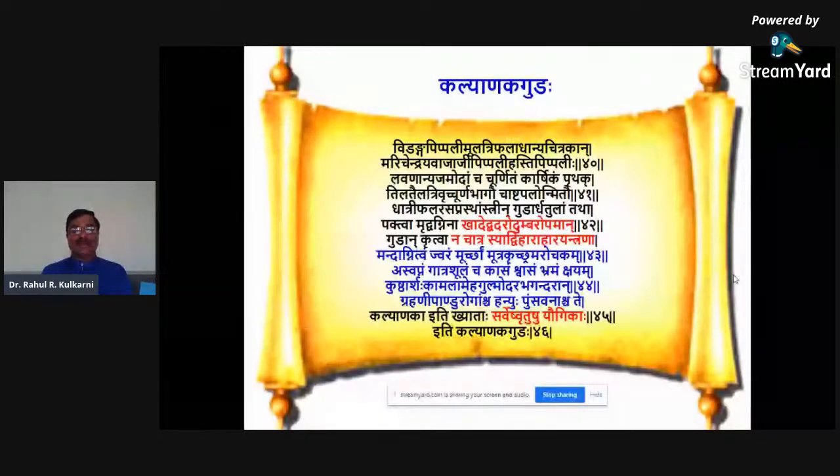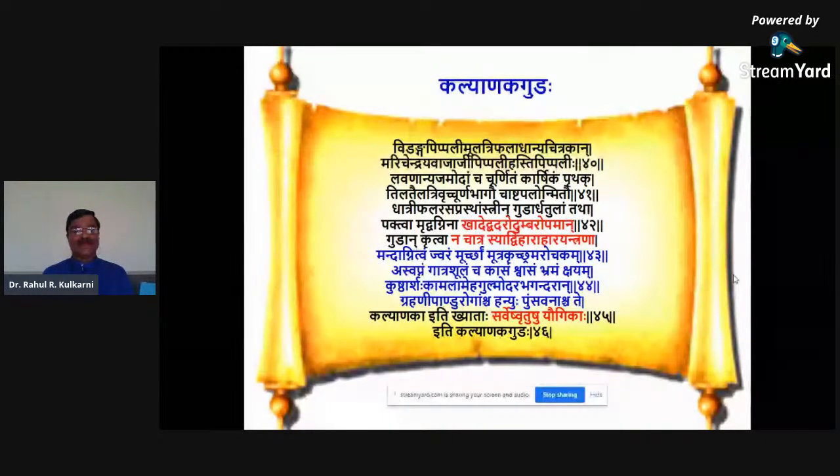Then dhatri phala rasaprasthans trimshan gudardha tulam. Amalaki swaras has to be taken in 3 prastha and ardha tula guda has to be added. So all these ingredients from Vidanga up to Ajamoda are taken in one Karsha Pramana, and 8 times that quantity of tila taila and trivrut churna has to be added.